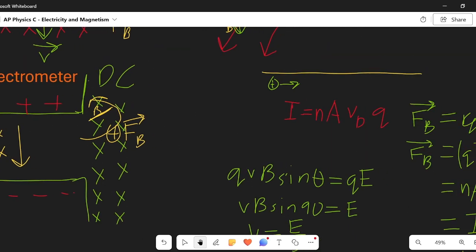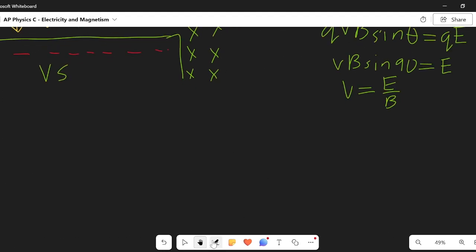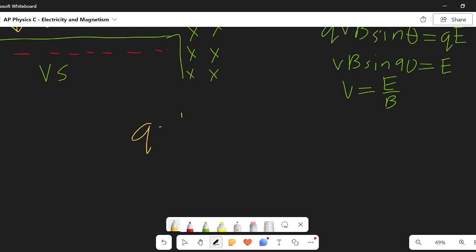Now what we will do is use our formula. We'll take our magnetic field; in this case we just have a magnetic field. It'll be Q times V times B times sine theta, so it'll look something like so.